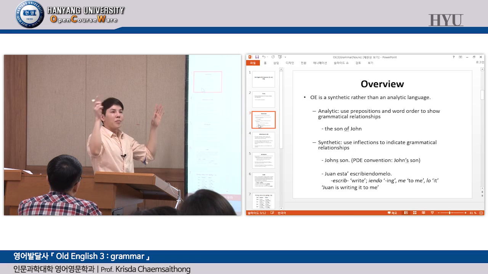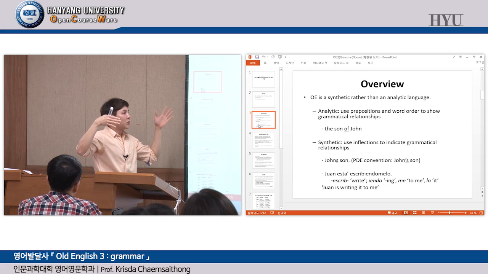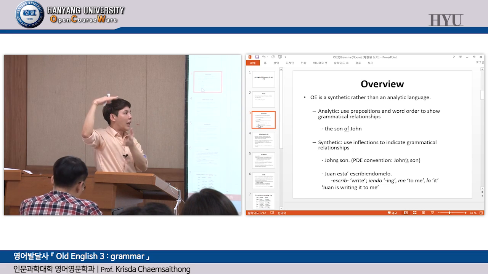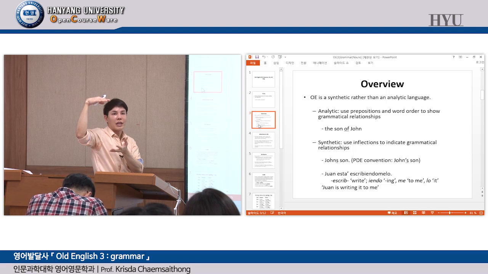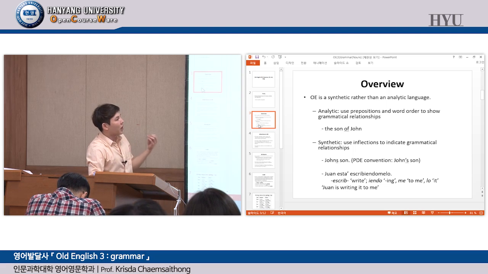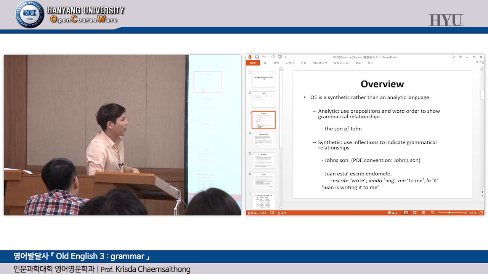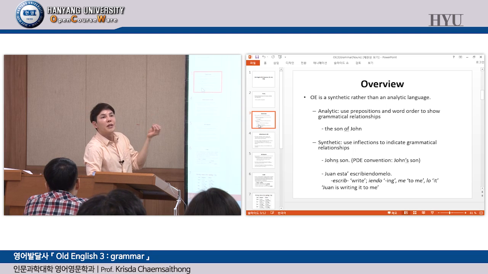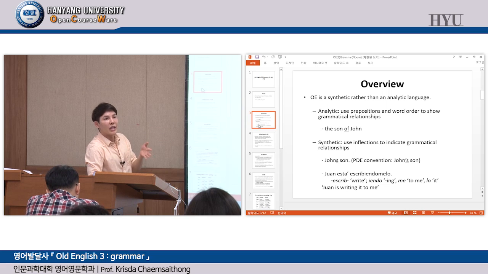So it's not plus or minus, but you can have a high degree of synthetic language. Modern English is towards the analytic side, but we still have some inflections to indicate grammatical relationship. We still have some, but not as many as Old English.